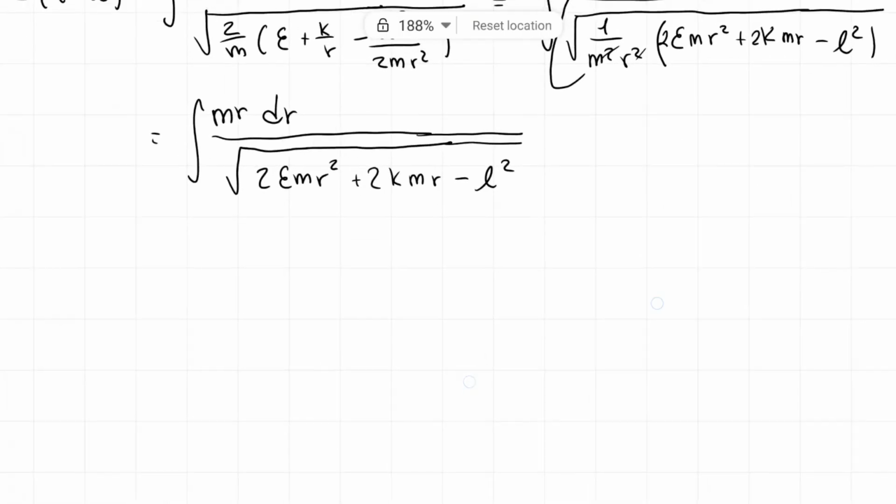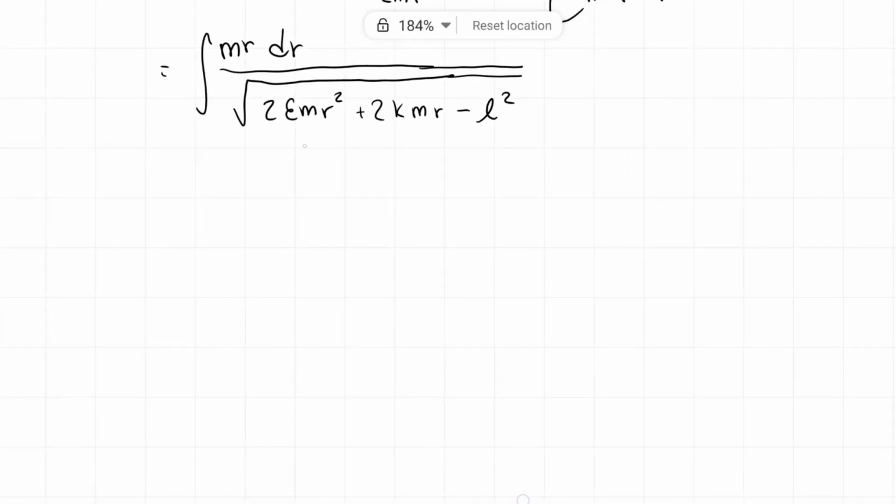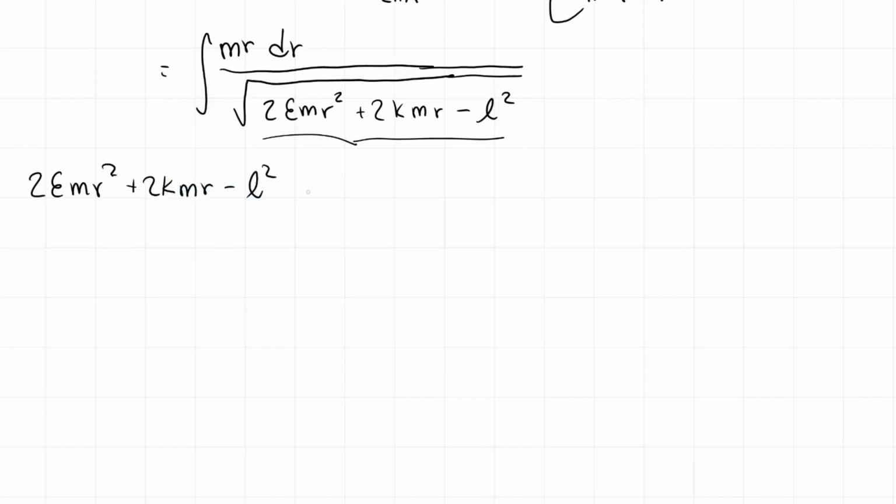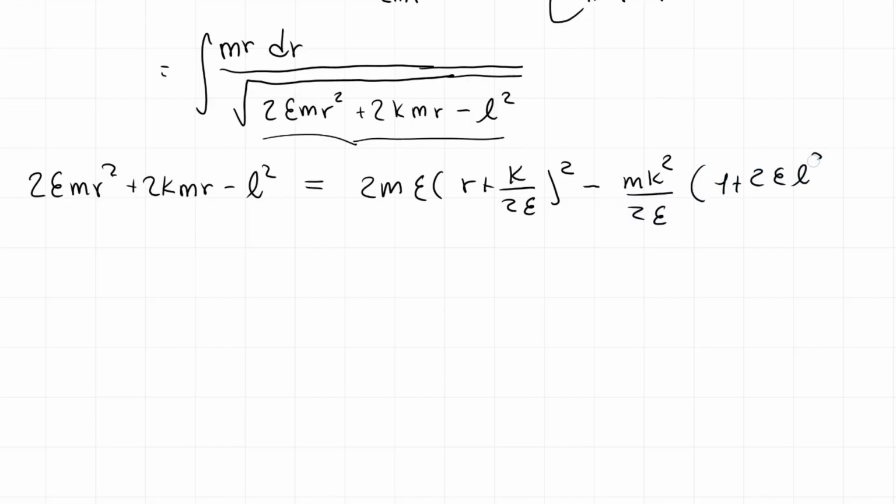Now we are going to examine this expression here: 2Emr squared plus 2kmr minus L squared. We are going to prove that this expression can be written as 2mE times (r plus k over 2E) squared minus mk squared over 2E times (1 plus 2EL squared over mk squared).